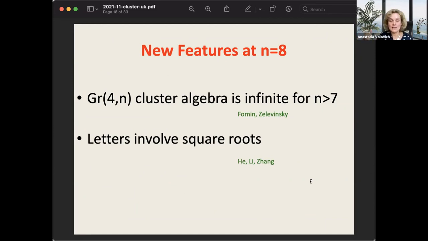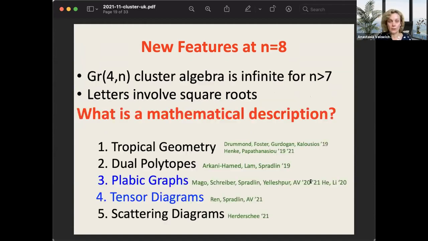Number 2: usually when we talk about cluster algebras, the letters involved are rational functions of the initial coordinates. But here in amplitudes, we have letters that involve square roots. So these are 2 new features that have been the focus of people's attention in the last 2 years, and we'd like to understand this.